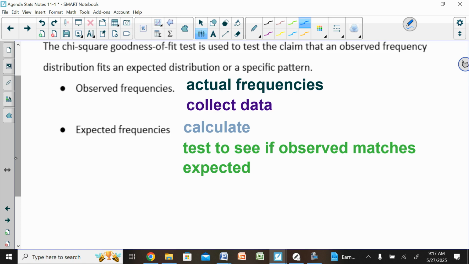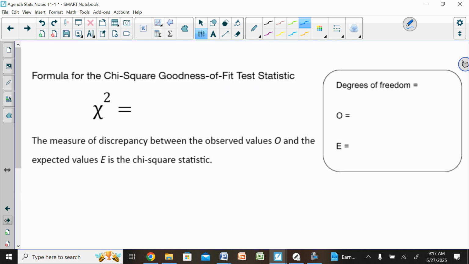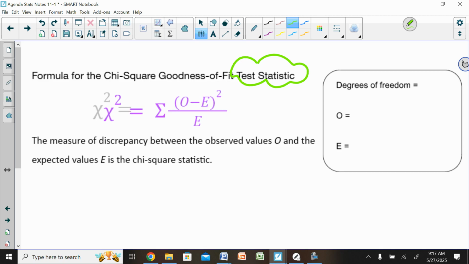So before we go to our 5-step procedure, let's talk about our formula. Our formula brings back some oldies. Remember, it's chi-square for our test statistic, which means we're going to use our chi-square table to find our p-value. The formula to calculate our statistic is chi-squared equals the sum of O minus E squared over E. It's super fun to type into your calculator.